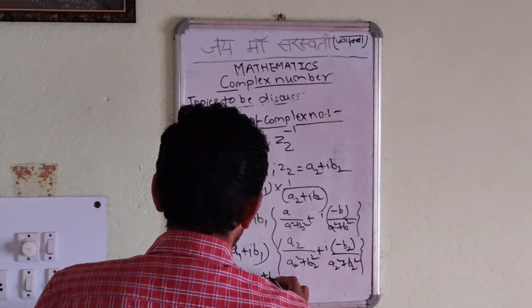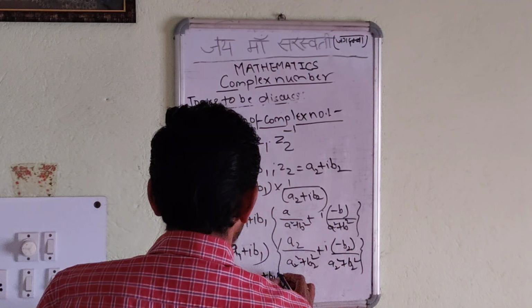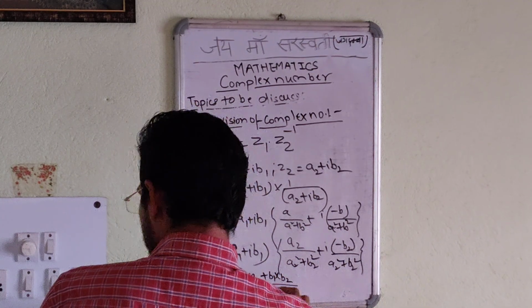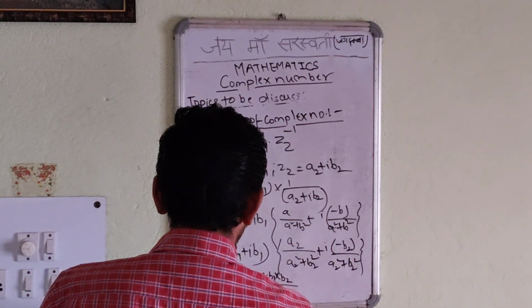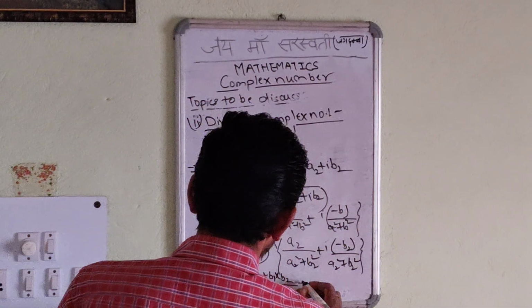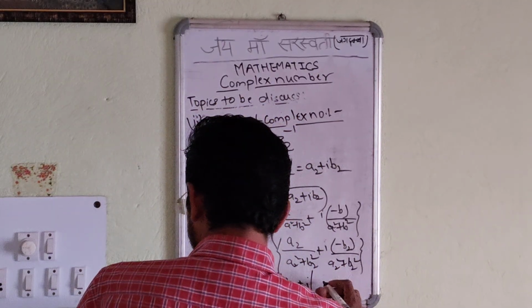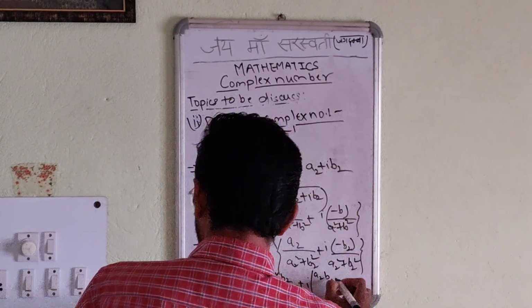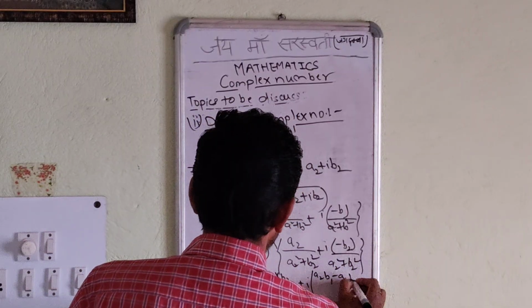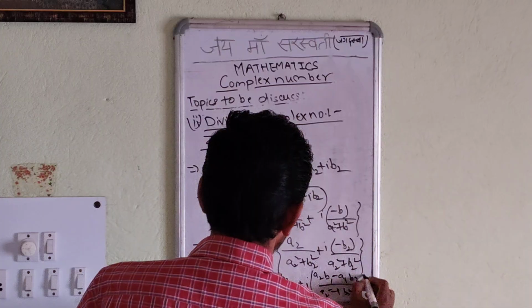So we can write z1 by z2 is equal to (a1 into a2 plus b1 into b2) by (a2 square plus b2 square) plus i into (a2 b1 minus a1 b2) by (a2 square plus b2 square).